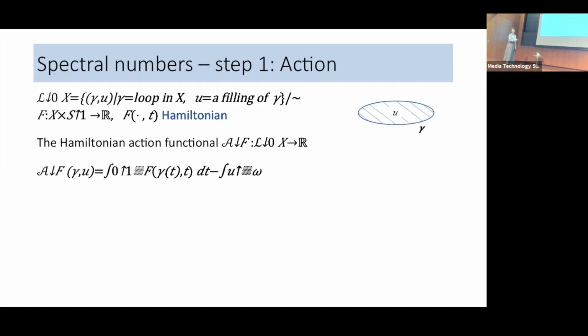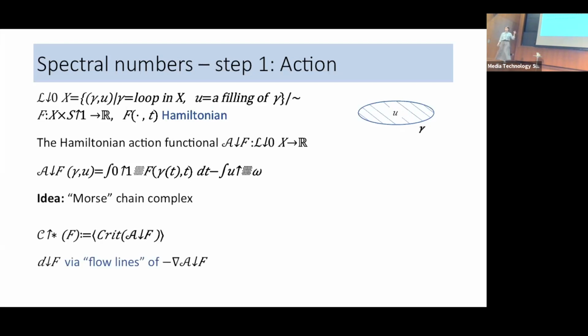I think of it as H(t, γ(t)), where I plug the loop in H at time t, and the integral over u of the 2-form omega, which is a symplectic form. Okay, but you don't have to worry about the precise expression. Point is, there is an associated functional on this space of loops. And then the idea here is going to be play Morse theory with this function.